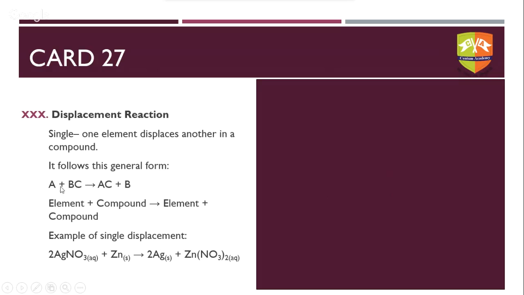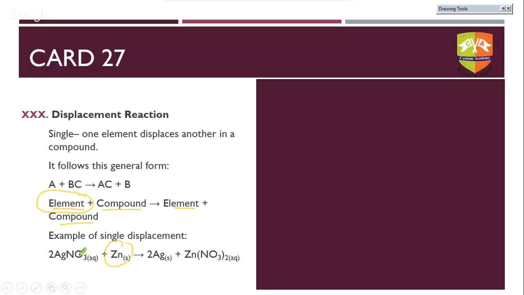So you'll have a general form of A plus BC giving AC plus B. The way that you write these reactions is, if, let's say someone asks you, write the properties of a displacement reaction, it's a good idea to mention that they have a general form of A plus BC giving AC plus B. You'll realize that in this scenario, one element and a compound gives another element and a compound. Okay, so please note that element is something that is very critical in this scenario.